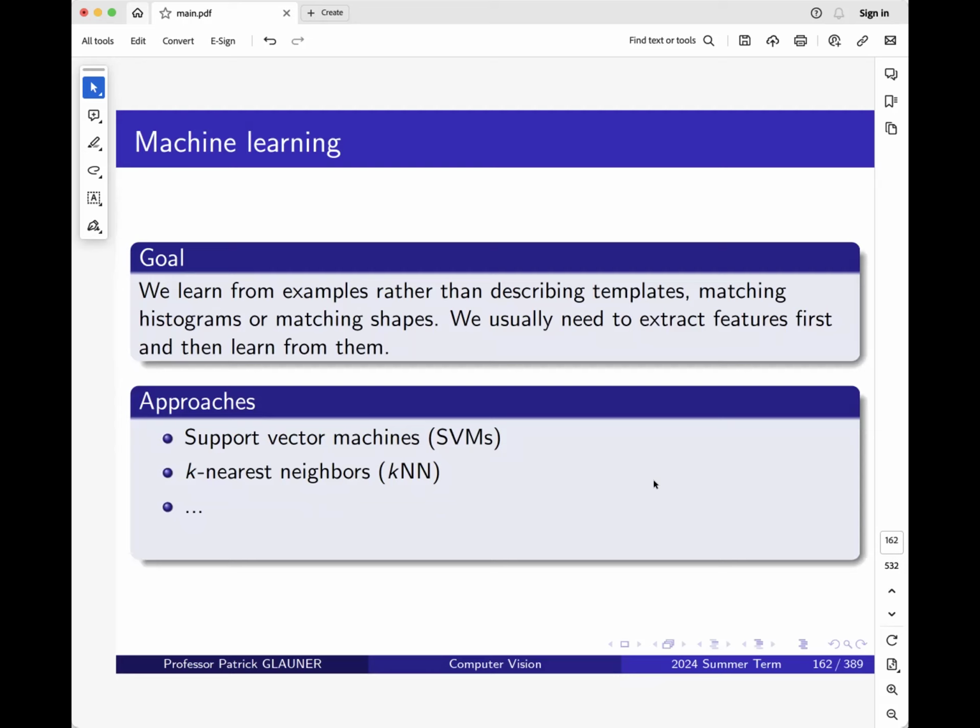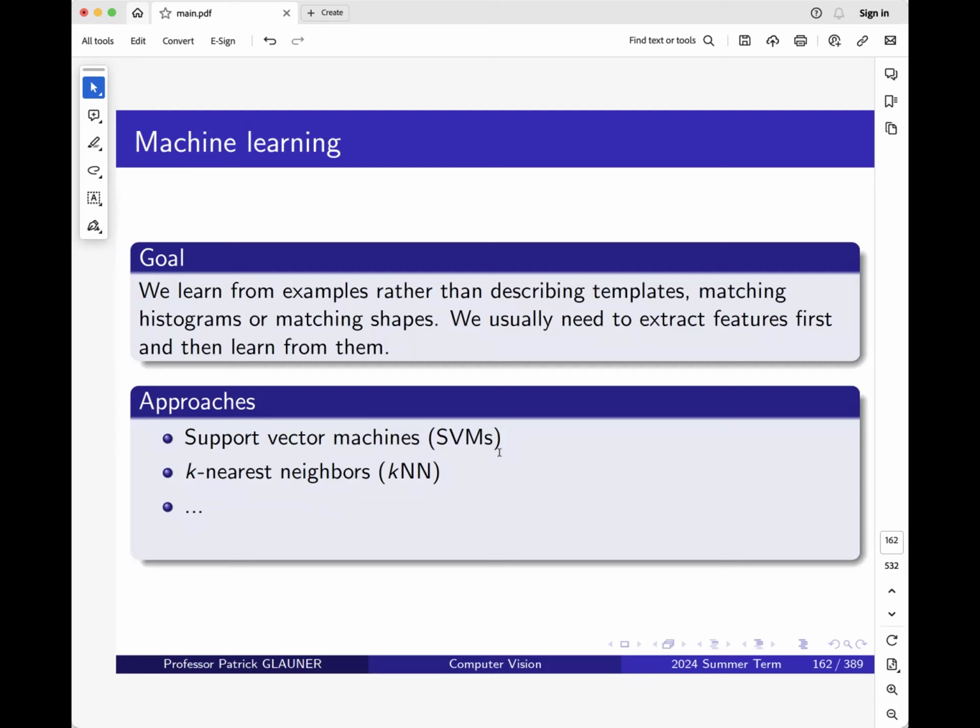However, a lot of machine learning models only work well if you pre-calculate some features from the data. Some machine learning models work okay on raw data, but if the raw data is just pixels, then a lot of machine learning models don't work very well.